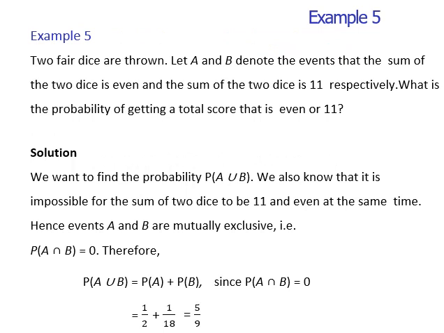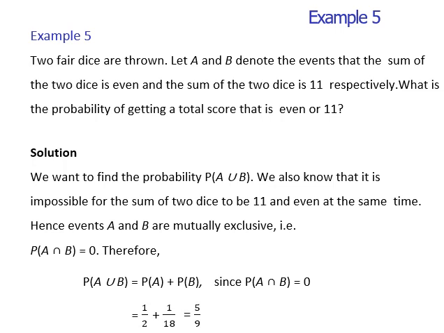Okay, for this example 5, let's say that two fair dice are thrown. Okay, so A and B. A is the event whereby the sum of the dice is even. B is the sum of the dice is 11. Okay, what is the probability of getting a total score when you throw two dice that is both even and 11?